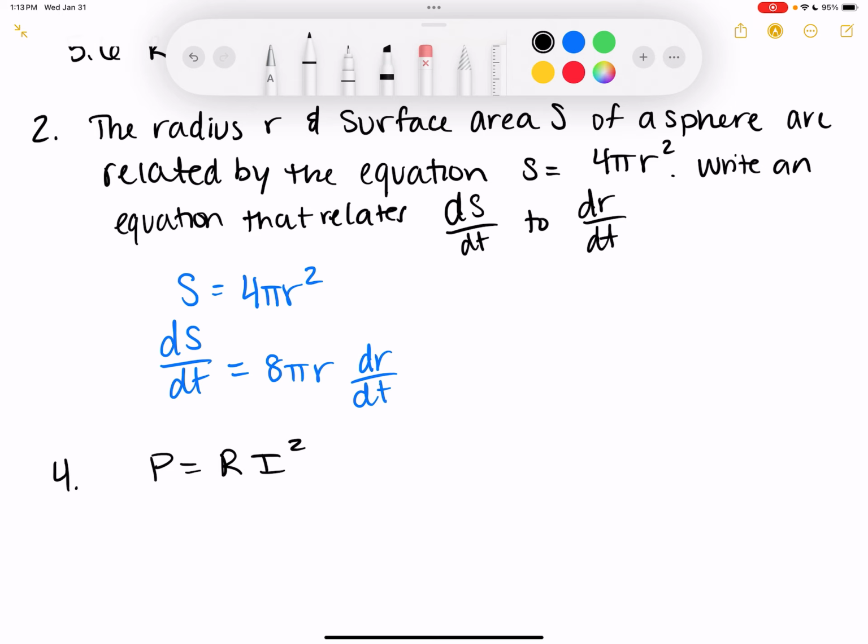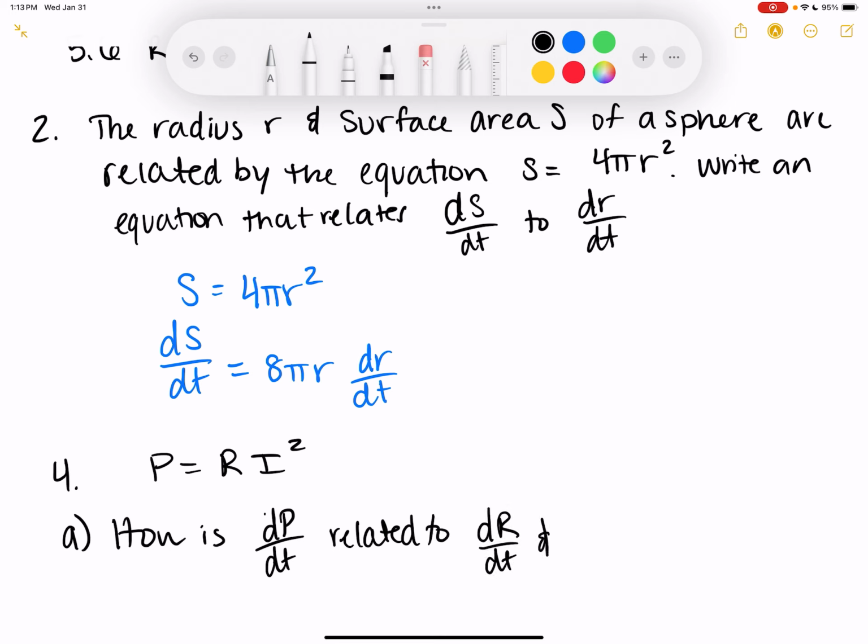So part A says, how is dP dt related to dr dt and di dt?